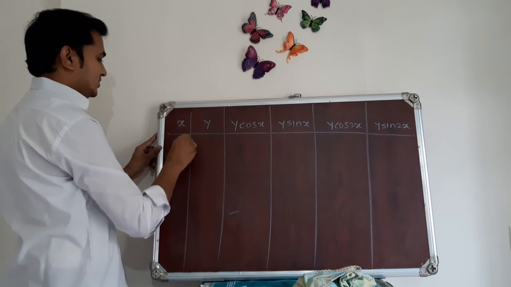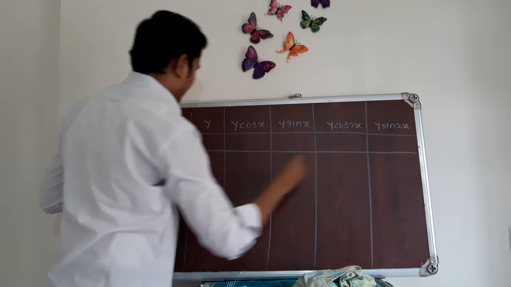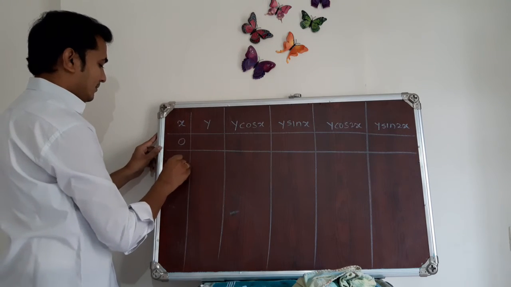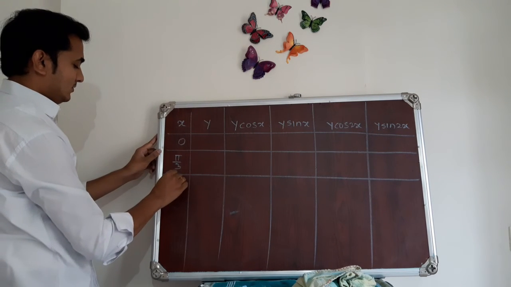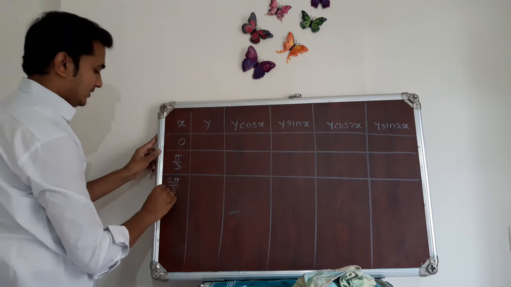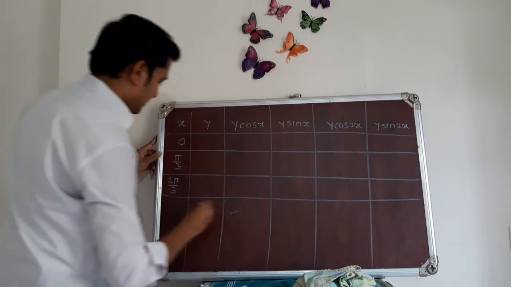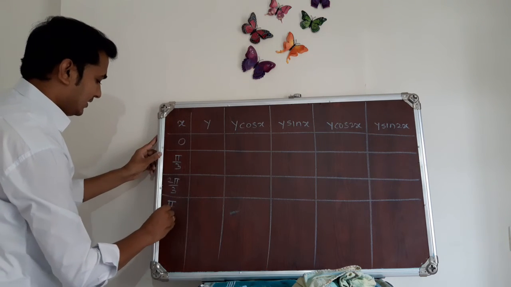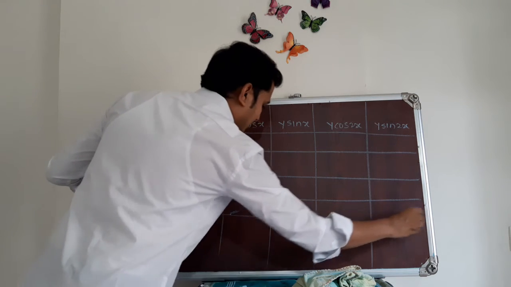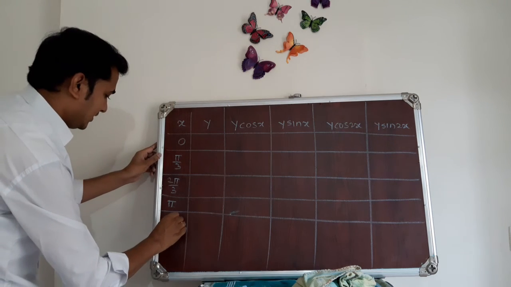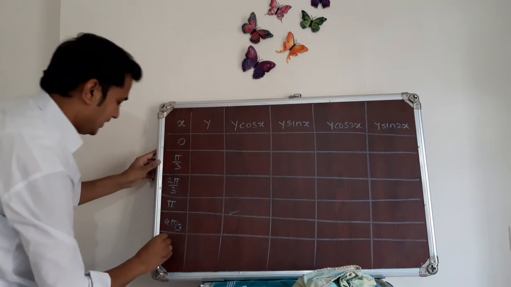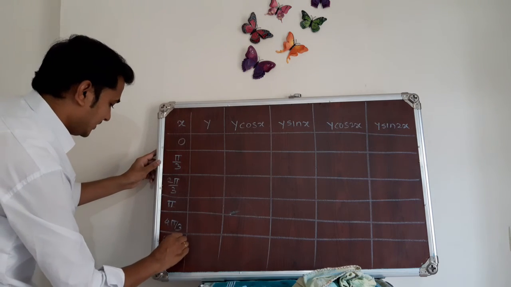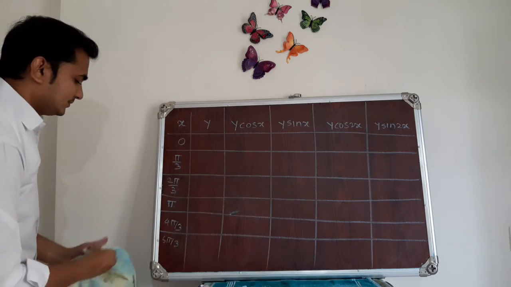So x is 0, then π by 3, 2π by 3, π, 4π by 3, and 5π by 3.